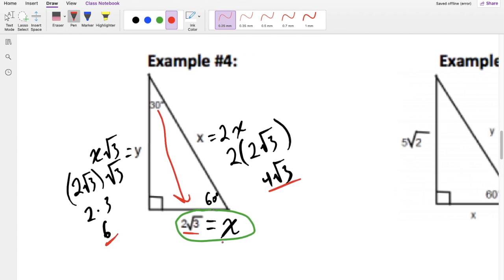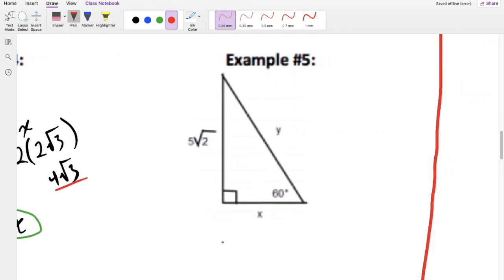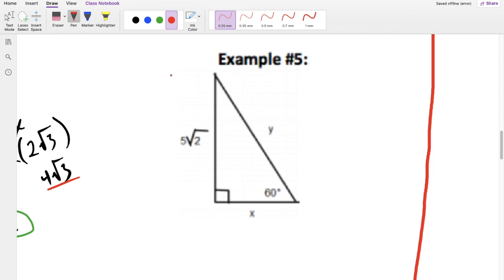Let's look at another example. We see this time we're given the opposite of the 60 degrees. The opposite of 60 degrees is going to equal that x times the square root of 3. Our short leg, which is opposite of 30 degrees, is just our x.